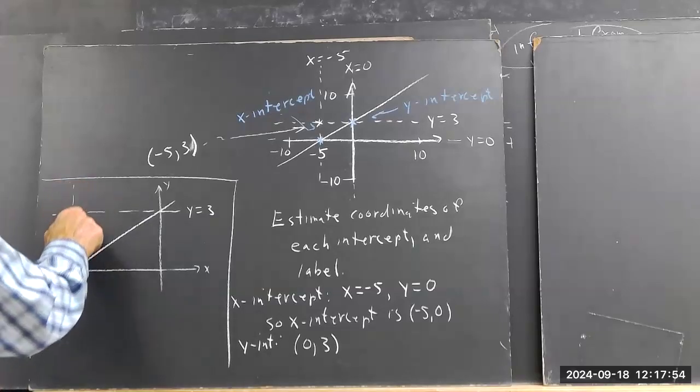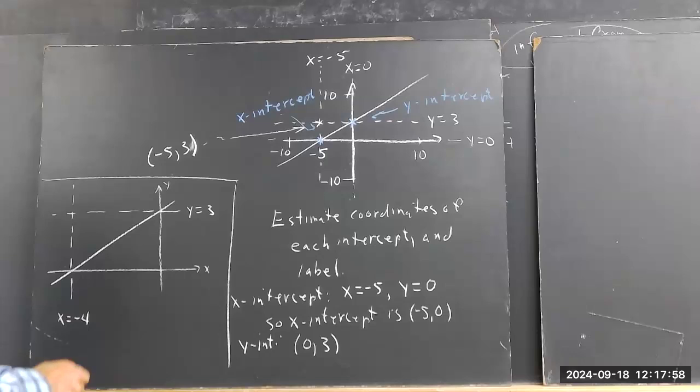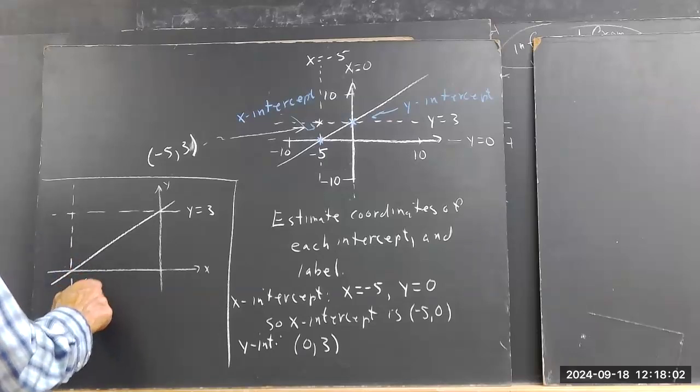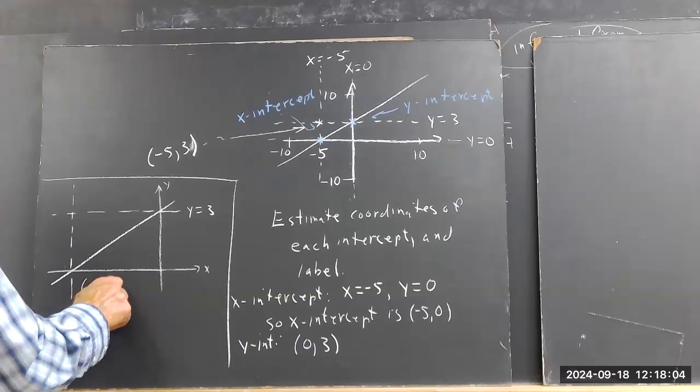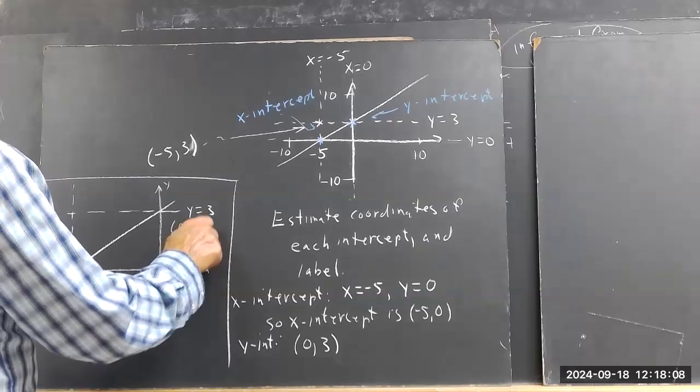And this line is x equals -4. So this point is (-4, 0). This point is (0, 3).